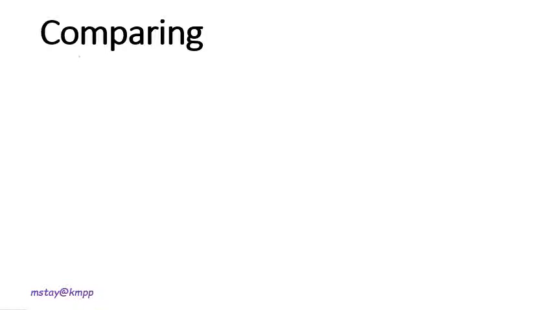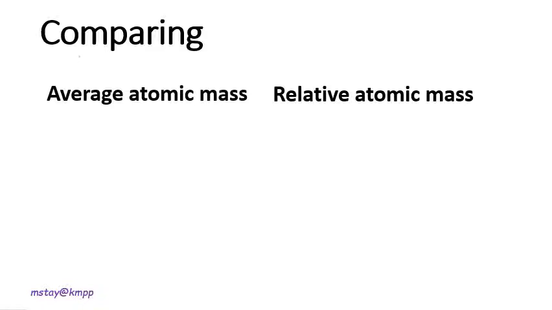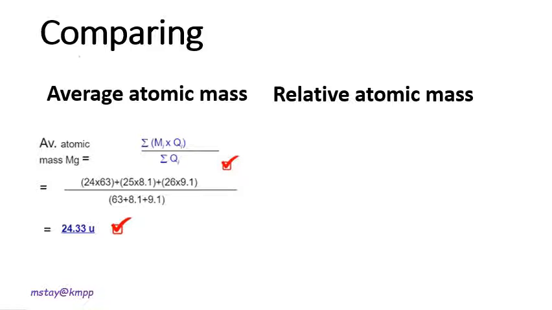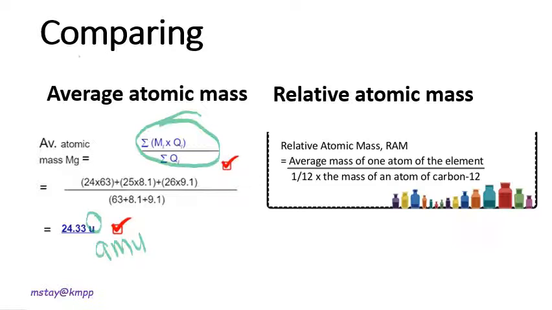Let's compare the difference between average atomic mass and relative atomic mass. This is the formula to determine the average atomic mass, and the unit of the average atomic mass is U, or sometimes we can write it as AMU. This is the formula for relative atomic mass. From here, you can see these two formulas are actually different.